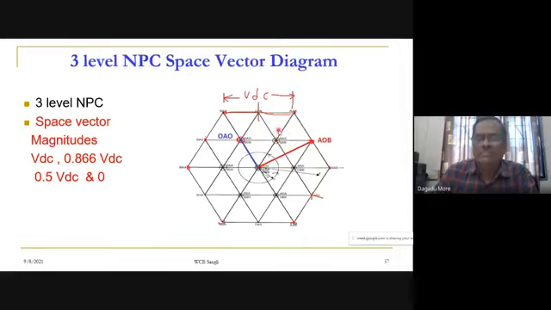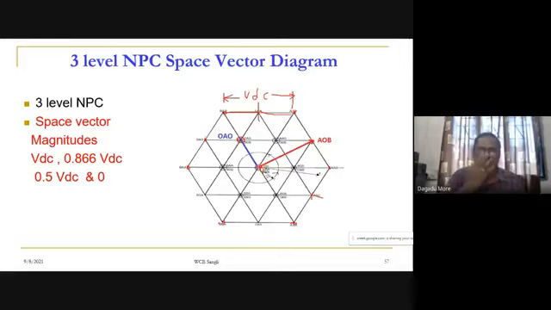Each such vector may be represented by 2 sets of switching. So the inner 6 vectors give us 12 switching states.